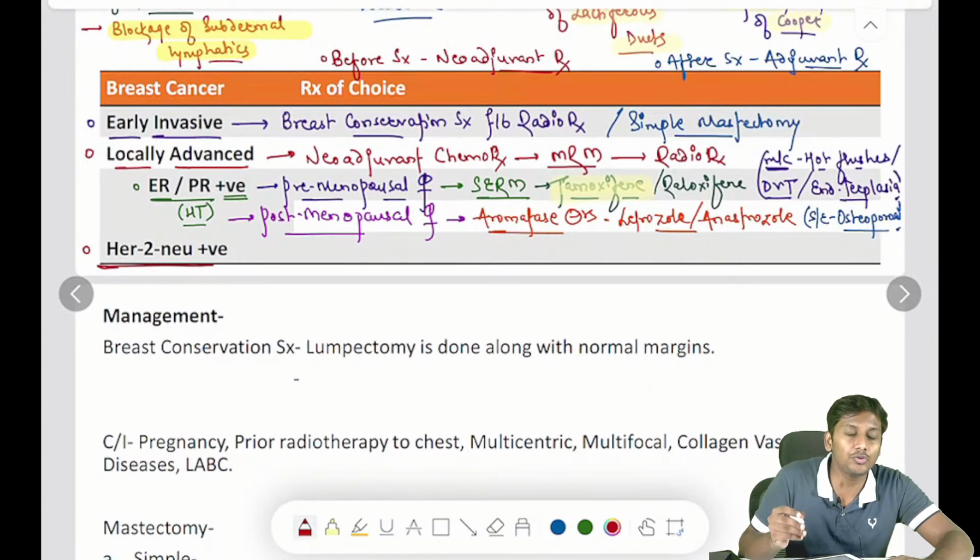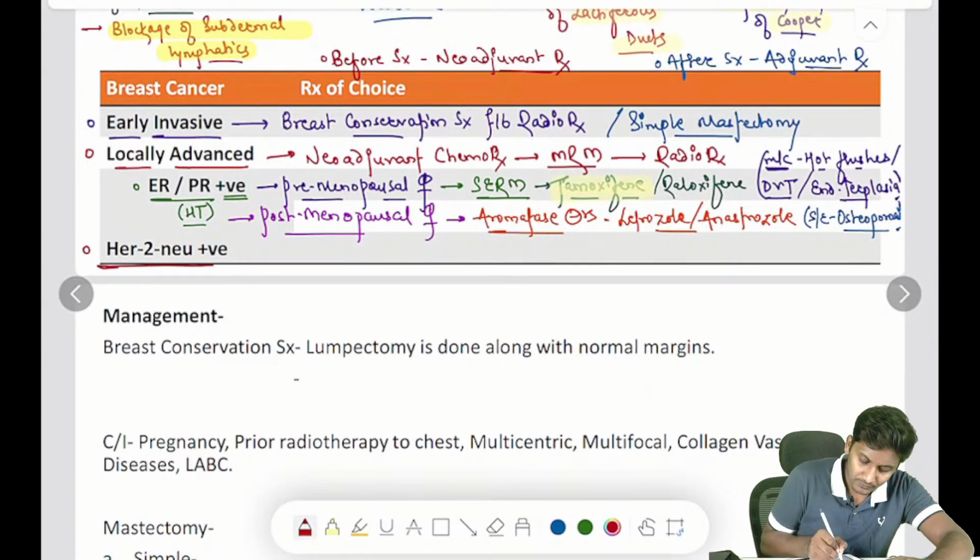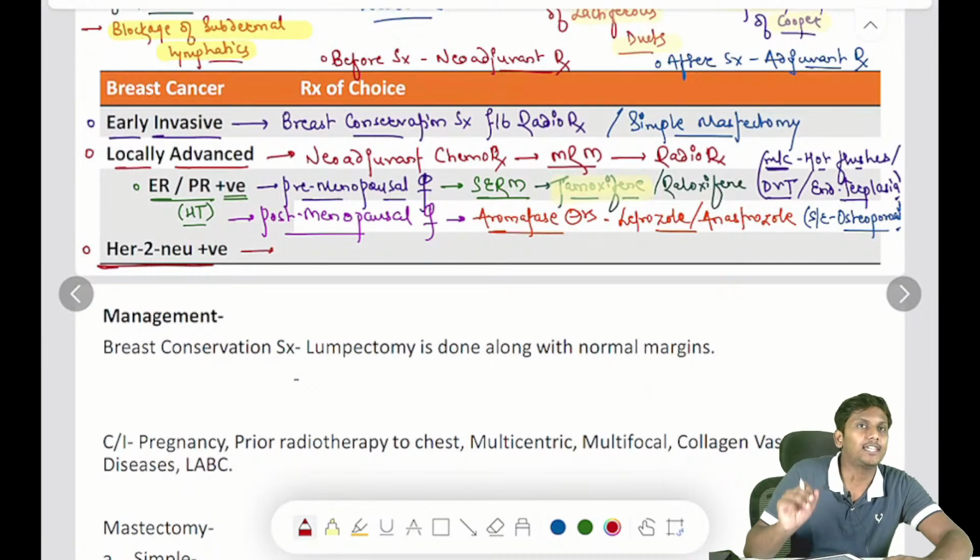So for this HER2 neu positive breast cancer, here you have to give chemotherapy to the patient, but along with chemotherapy there is a very special drug which will be given to the patient. And what is that drug? That is a monoclonal antibody. It has been a previous year question. It is called trastuzumab, or we can also give Herceptin.